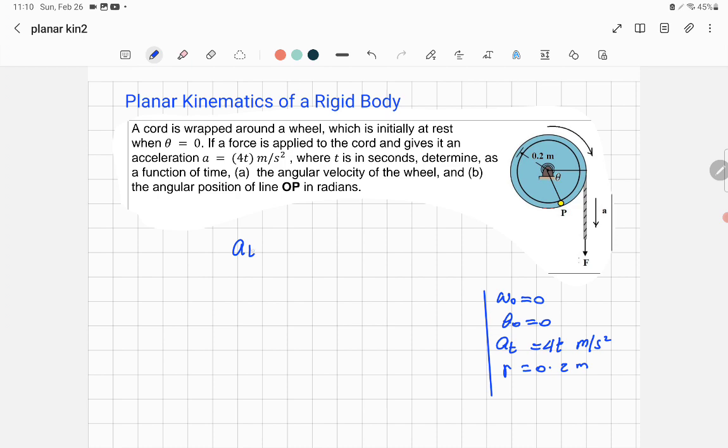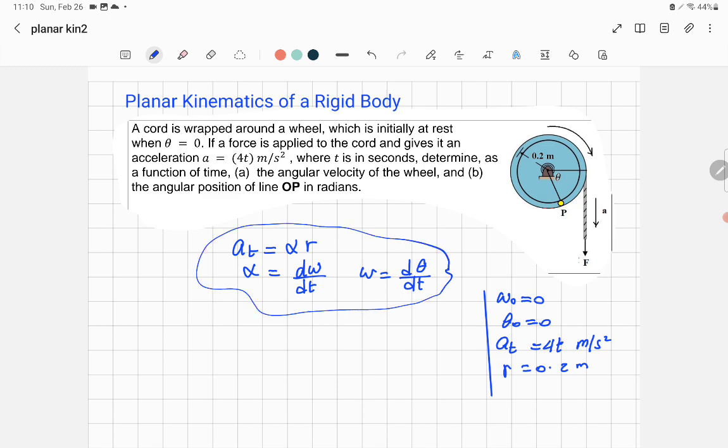The tangential acceleration is equal to the angular acceleration times the radius, and the angular acceleration is equal to the rate of change of the angular velocity, and omega is equal to the rate of change of the angular displacement over time. These are the basic equations that I remember that may be related to this example when I read it.